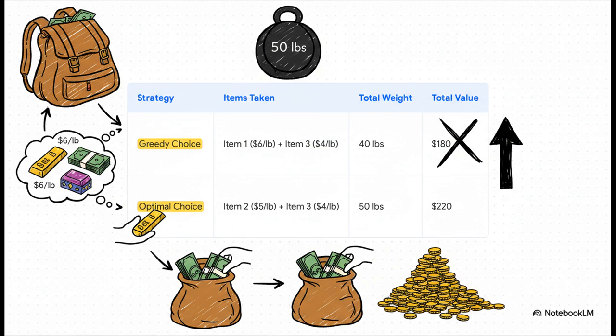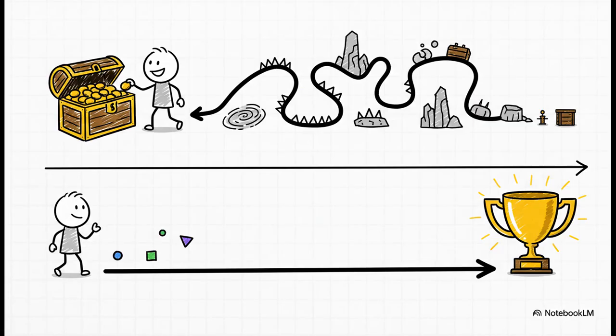See? By grabbing the most tempting thing first, we accidentally blocked ourselves from getting the best overall result. Let that sink in for a second. This is so much more than a puzzle about algorithms. It's a quiet little reminder that sometimes the most appealing choice in the short term isn't the one that gets us where we really want to go.